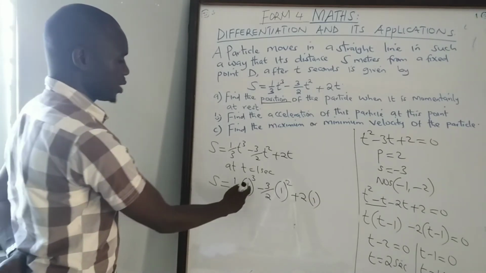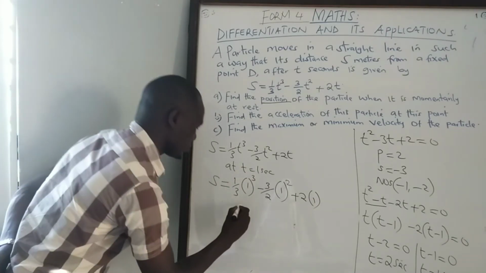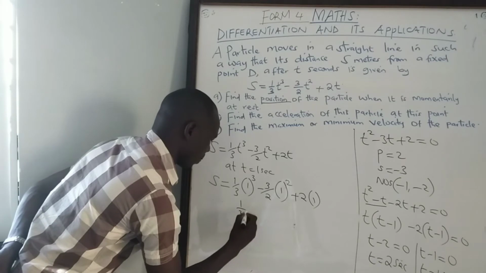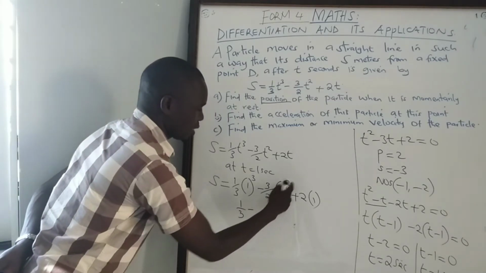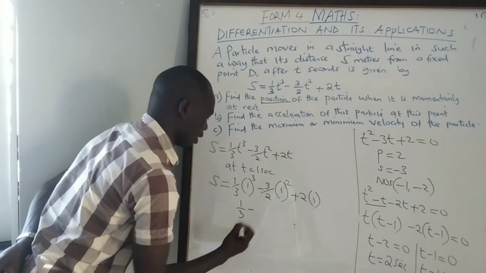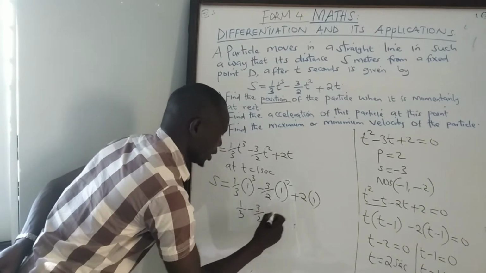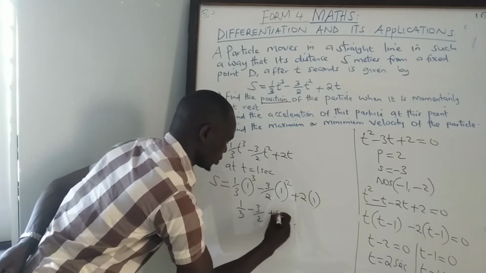From here we know 1 power 3 is 1 times a third will be equal to a third. Then minus 1 squared is 1 times 3 over 2 will be 3 over 2. Then of course 1 times 2 will be equal to 2.